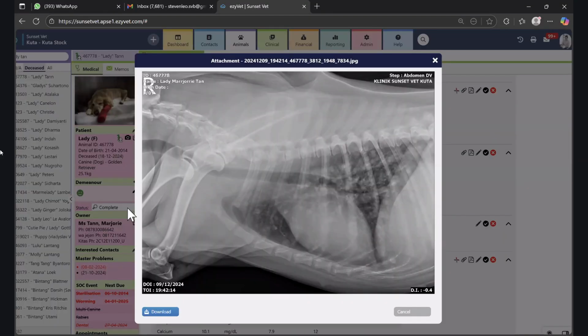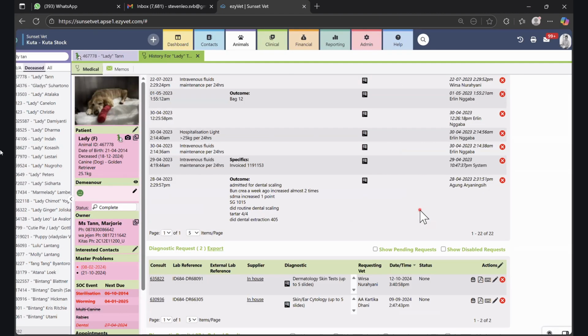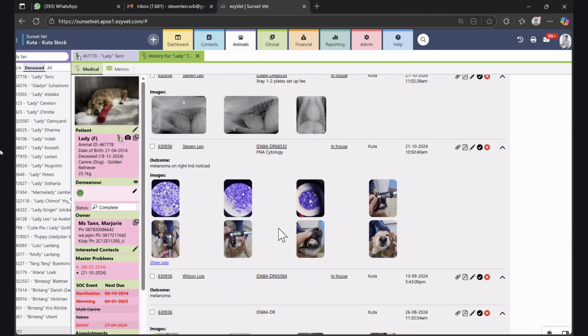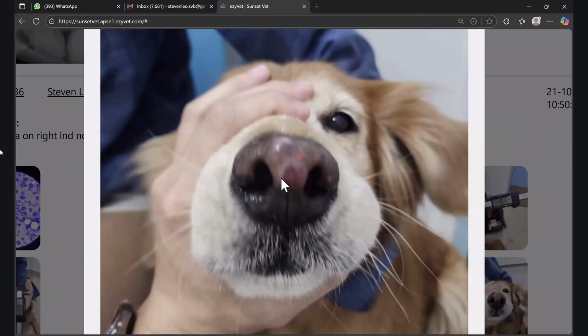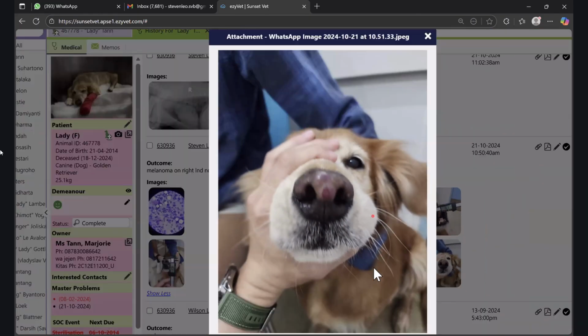So you can take a look here. You can see these are all the metastasis lesions. And the worst part, where's the biggest one? You can imagine this is so big already. So big here, big here.